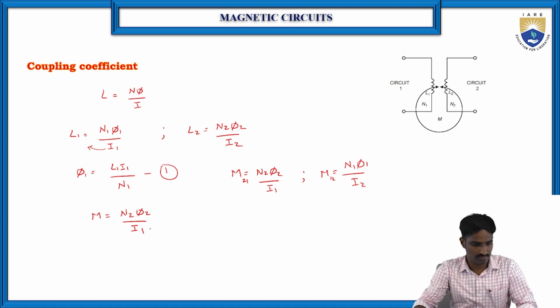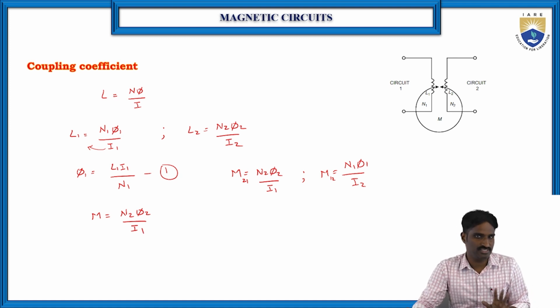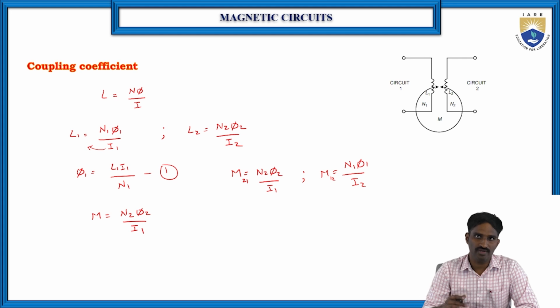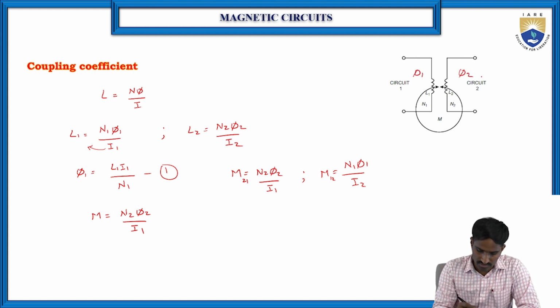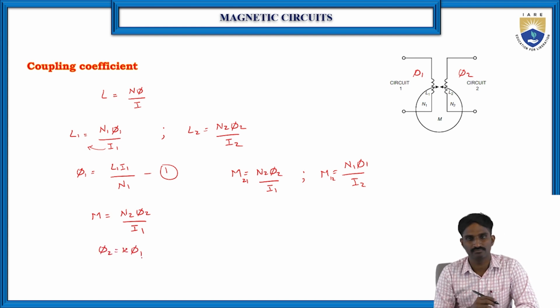So M is equal to N2 phi 2 by I1. But the flux linking with the secondary winding, which before we considered as phi 21, here let us consider this is phi 1 and this is phi 2. Then the flux linking with the secondary winding, phi 2, is equal to k into phi 1.